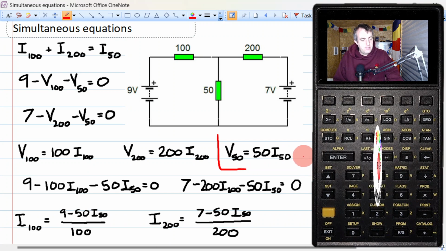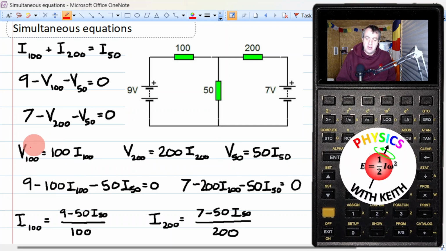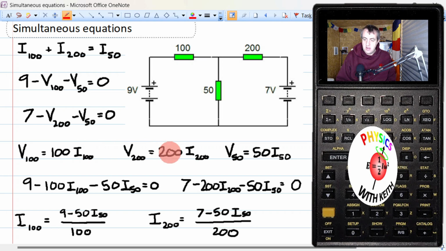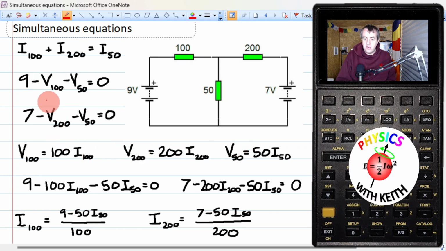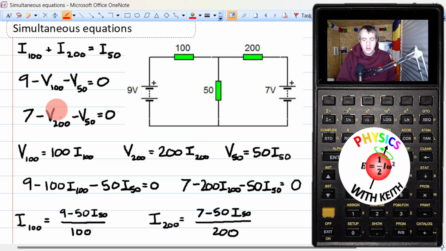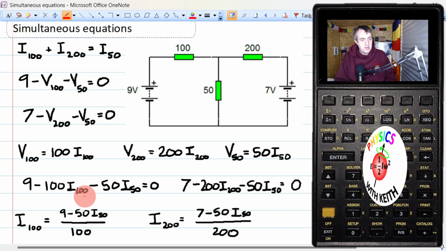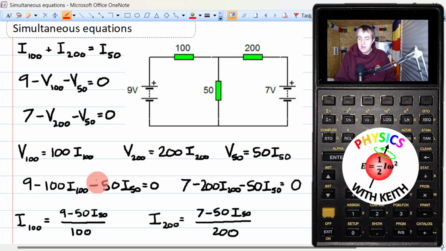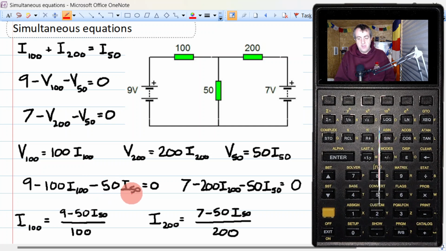Then what I've done is I have substituted these three equations into the two equations above. So instead of 9 subtract V100, it's 9 subtract 100 I subscript 100. And then subtract, not V50 as it was before, now it's subtract 50 times I50.